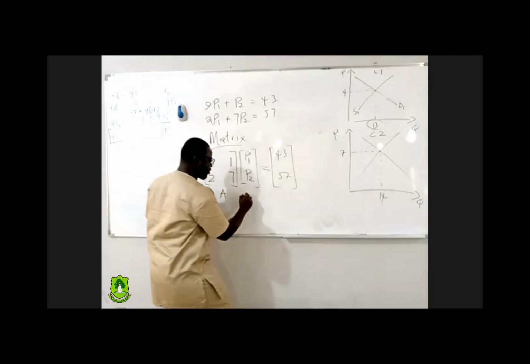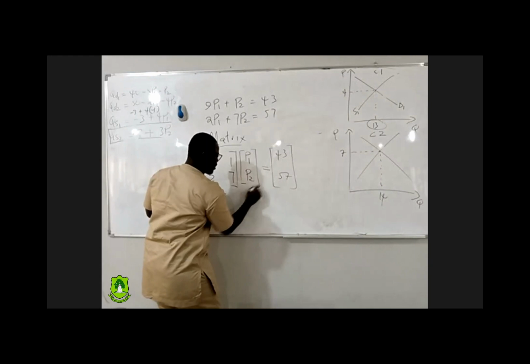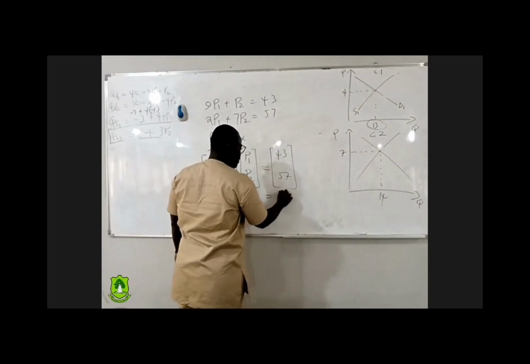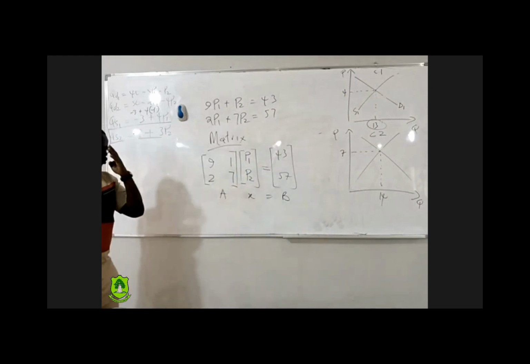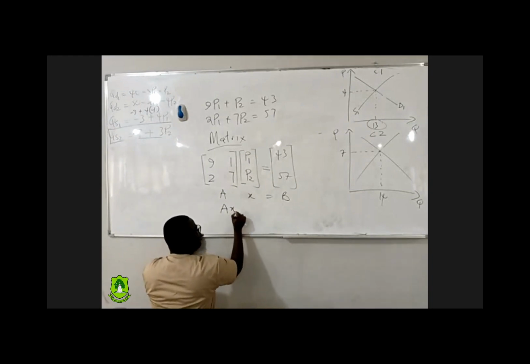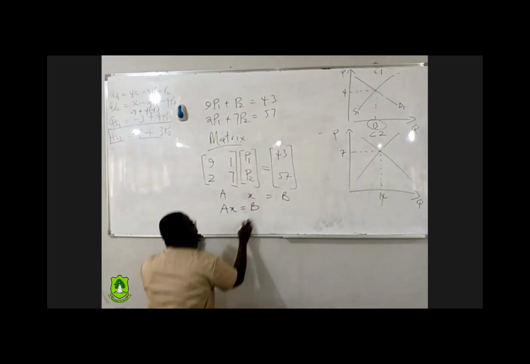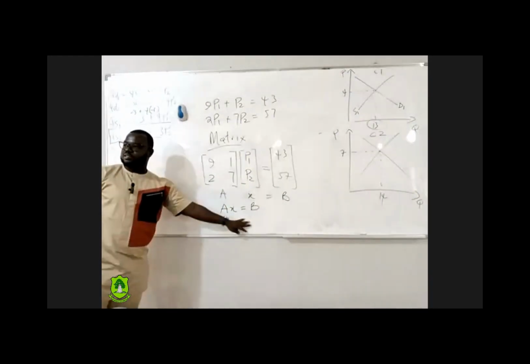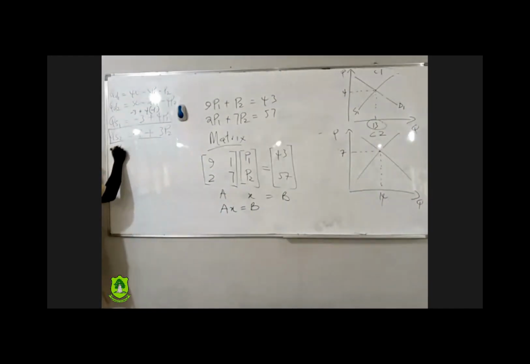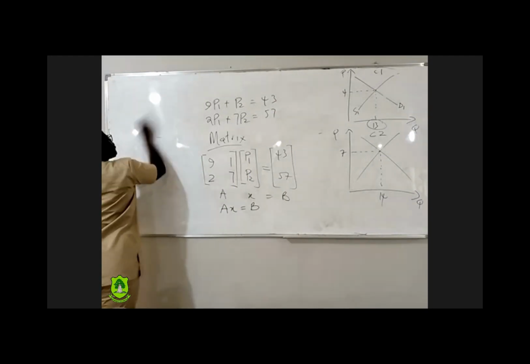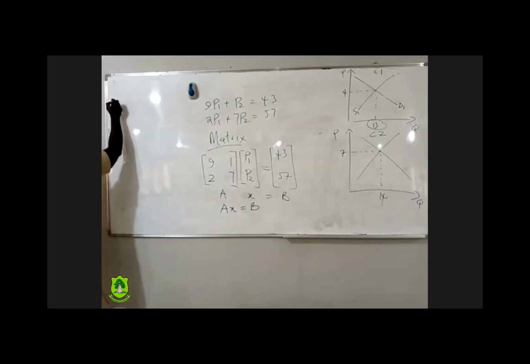So let's represent it by X is equal to, and maybe let's represent this one by B. So with this one, it simply means that we have AX is equal to B. Under normal circumstance, we have A, X is equal to what?